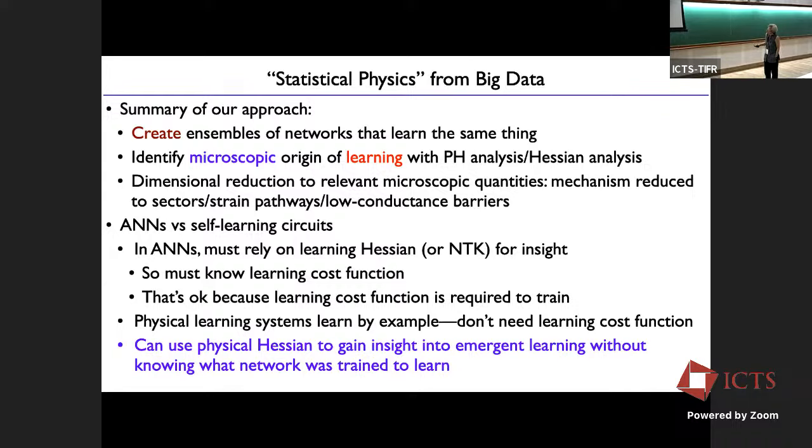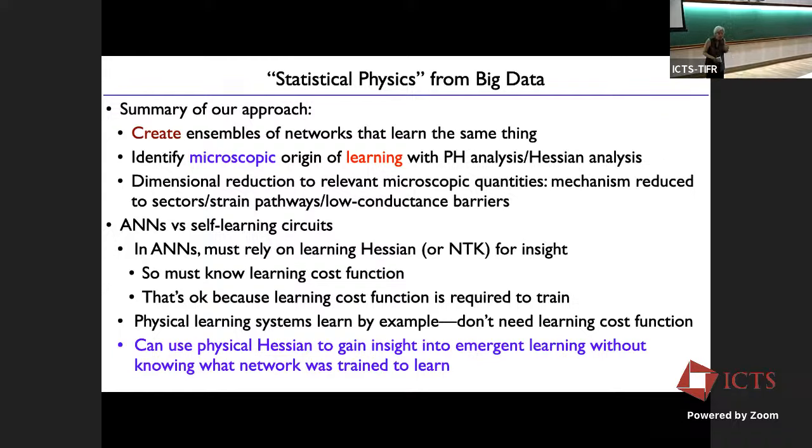the thing that I want you to take away is we didn't need to know the learning cost function for this, right? In artificial neural networks, the only thing they have is the learning Hessian, or what they call the neural tangent kernel, which is first derivative. Okay, I'm not going to go into it, but they do these analyses and they try to get insight. It's not very successful. And why is it not very successful?